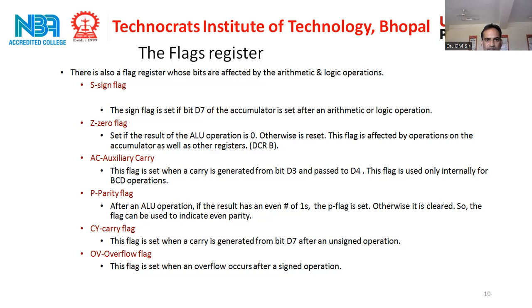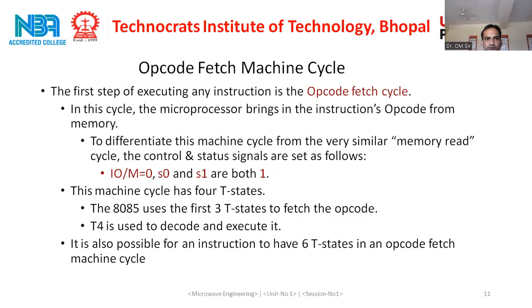Parity flag: after the ALU operation, if the result has an even number of ones, the P flag is set, otherwise it is cleared. Carry flag: this flag is set when a carry is generated from D7 after an operation. Overflow flag: this flag is set when an overflow occurs.